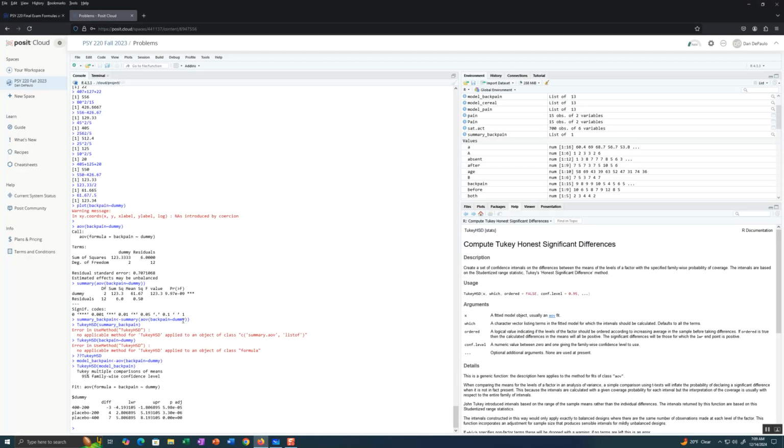The type 1 error rate on this is just ridiculously small. It's actually here: 0.000000009. That is our type 1 error rate for this problem. So the idea that we're making a type 1 error here is so infinitesimally small. And you'll see this when I do the critical F too.